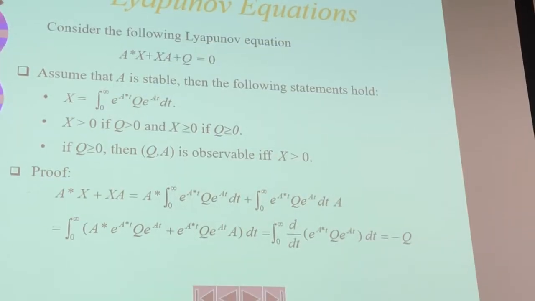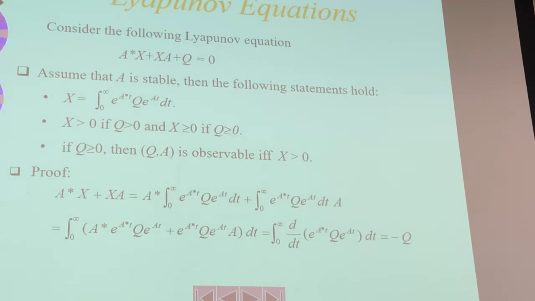So let me repeat. If you have a matrix A that is stable or Hurwitz, and you put this Lyapunov equation format and let Q be semi-positive definite, then you will be writing the solution X by this integral.